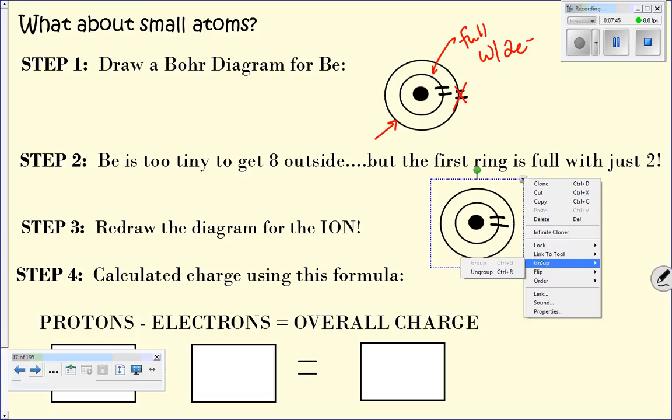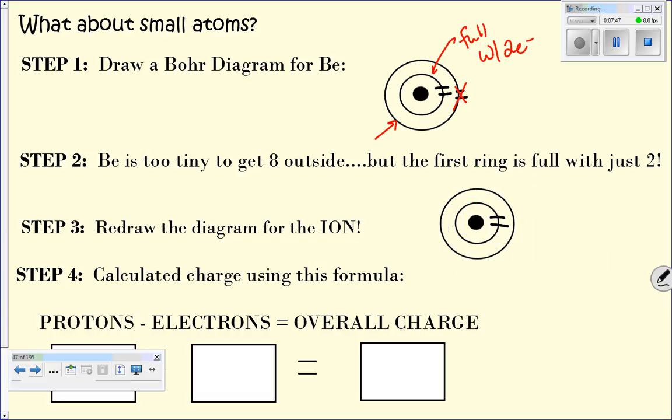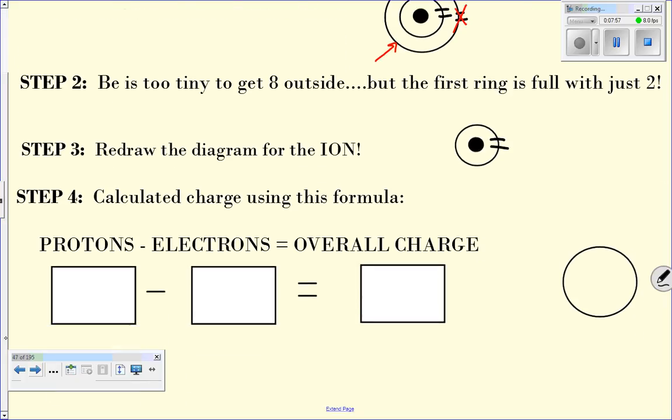This outside ring is going to leave, just like in the last one I looked at. And now we just have the nucleus and those 2 electrons. So this isn't really that weird, except you just have to remember that first ring is actually full with 2. So it's full and happy with 2 on it. We don't need any electrons here.